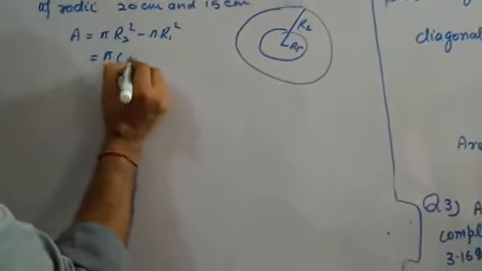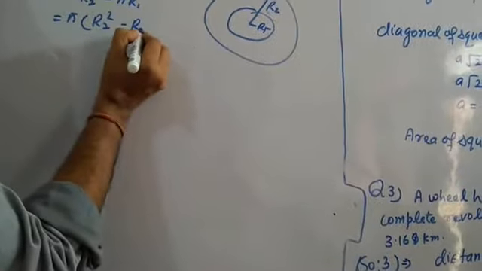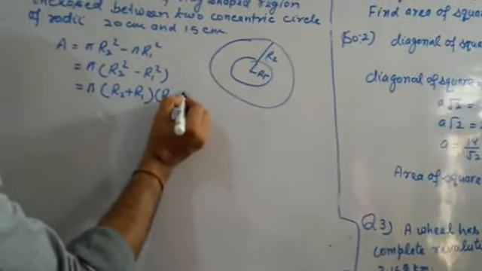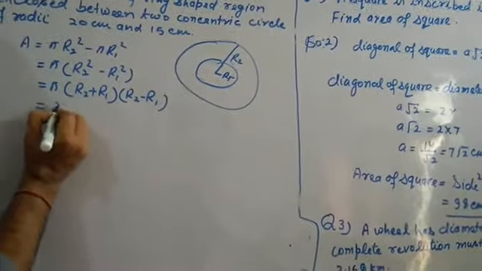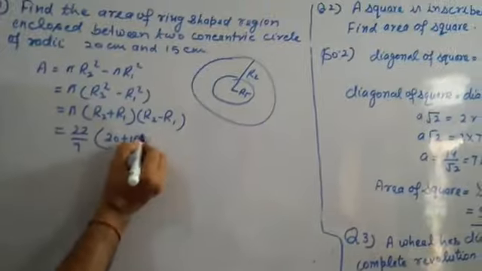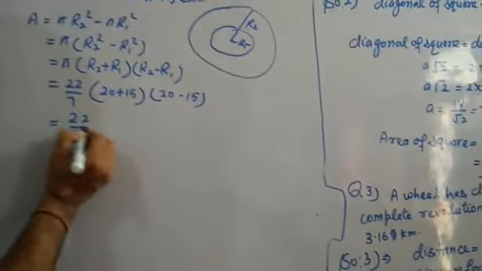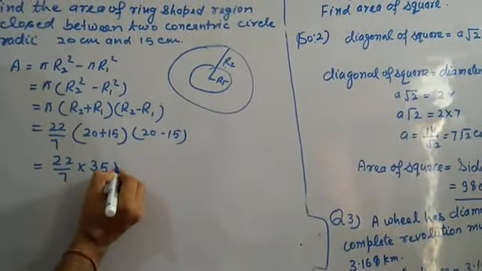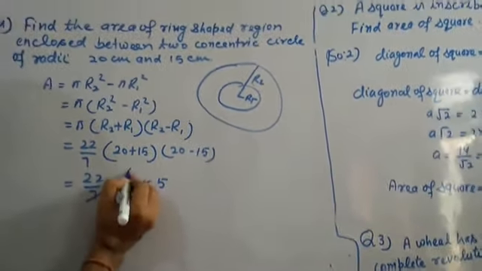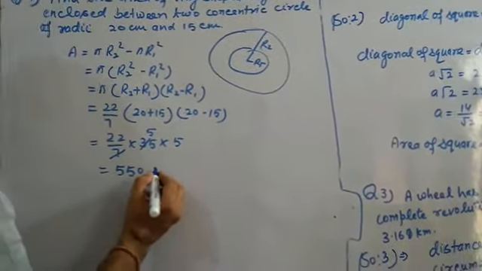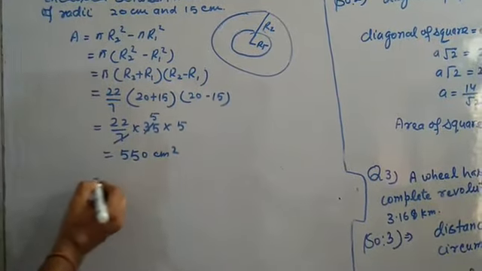Therefore pi (r2 square minus r1 square), therefore pi (r2 plus r1)(r2 minus r1). Therefore 22 by 7 into (20 plus 15) and (20 minus 15). 22 by 7 into 35 into 5 equals 550 centimeter square.